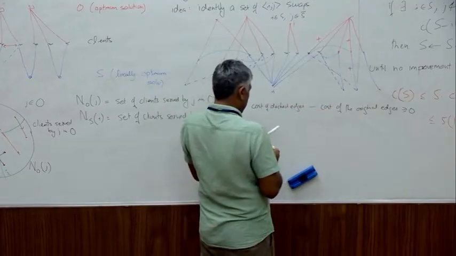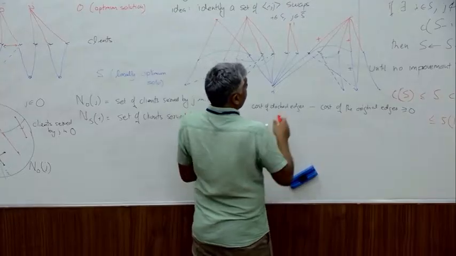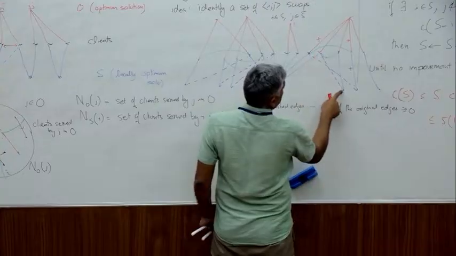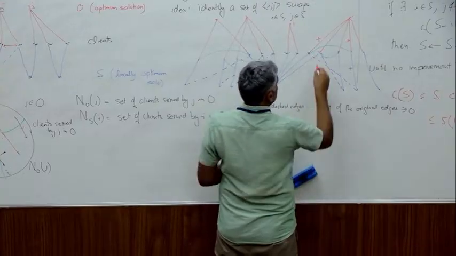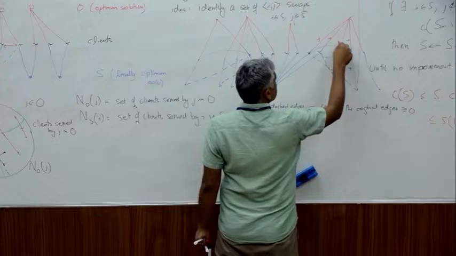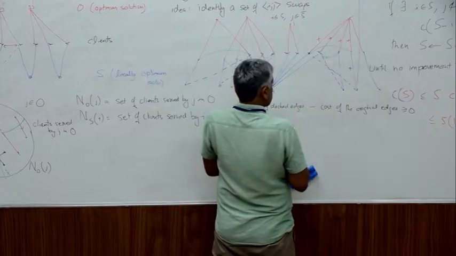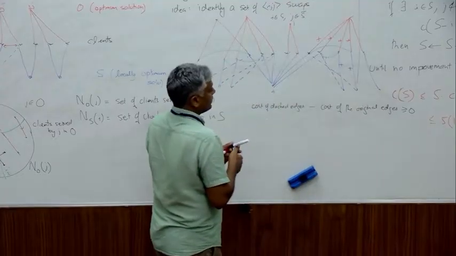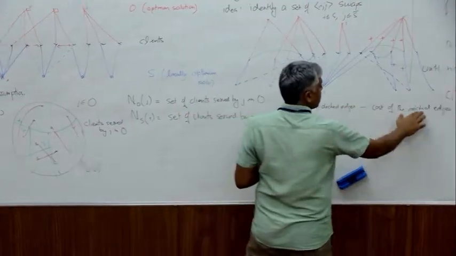Right? Let's do it for all of them. So I took care of this one. Let's take care of this. So this was going here. So this length is at most this length plus this length and plus this blue length. Yes? And what am I minusing here when I'm doing this?